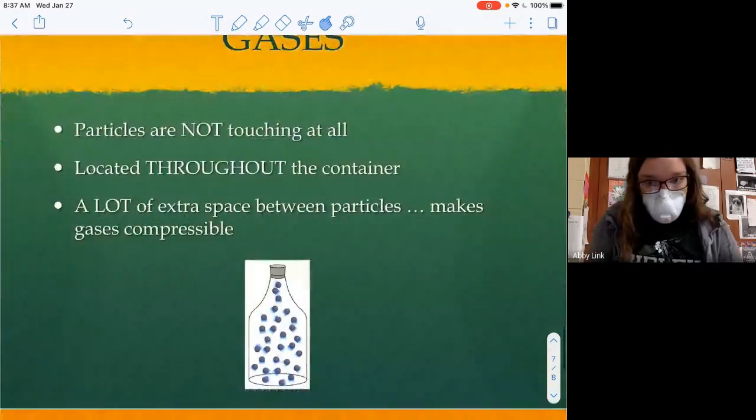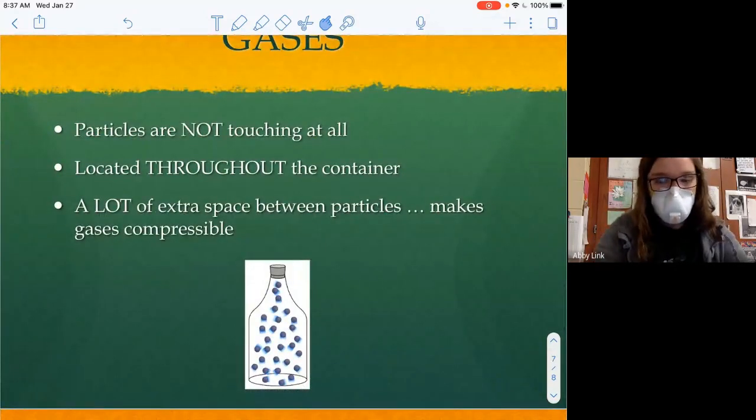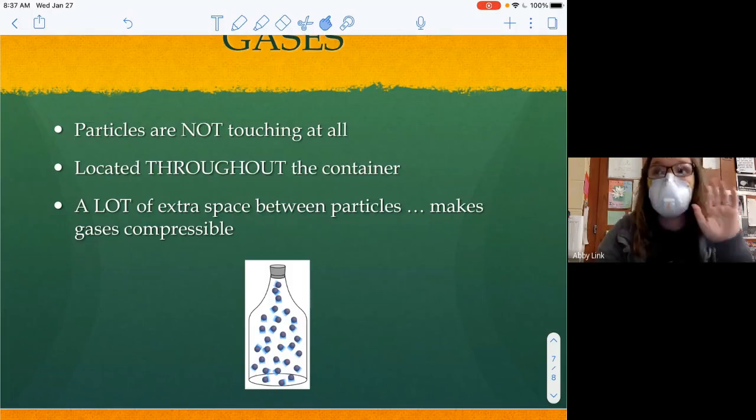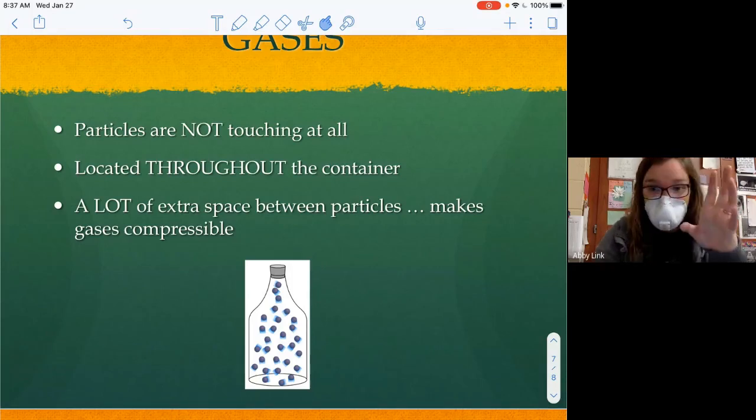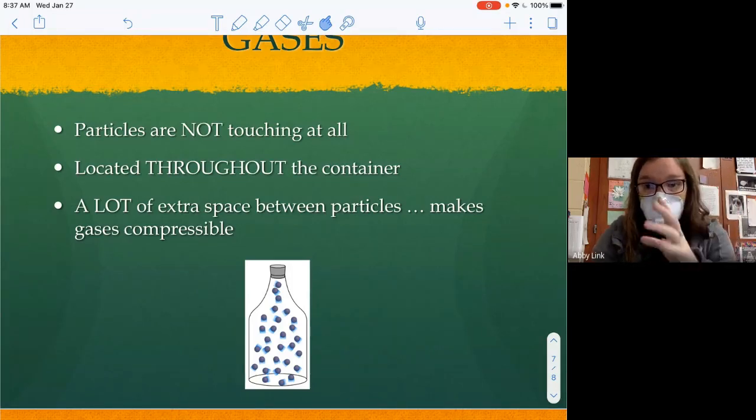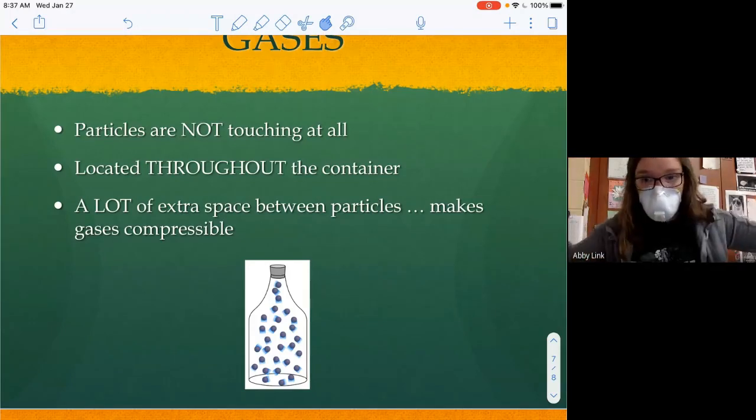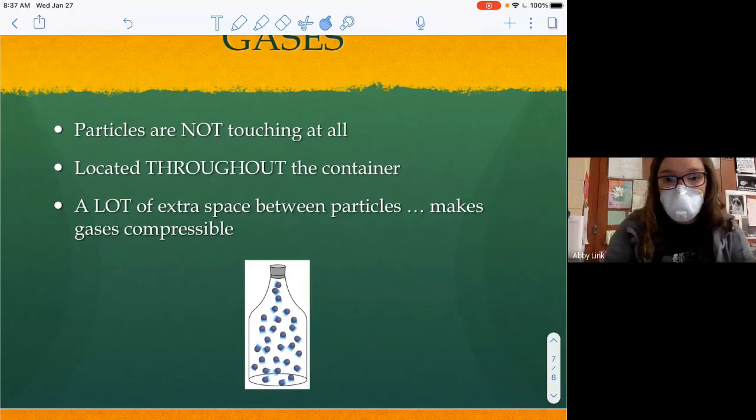All right, last but not least, we've got gases. Gases are the weird ones, okay? They're kind of the odd man out, and it's honestly just because they've got a couple of more unique characteristics, okay? Particles are not touching at all. All right, so now we've gone from solid has really organized particles, liquid kind of organized particles, gases, crazoid particles, okay, all over the place particles, all right.